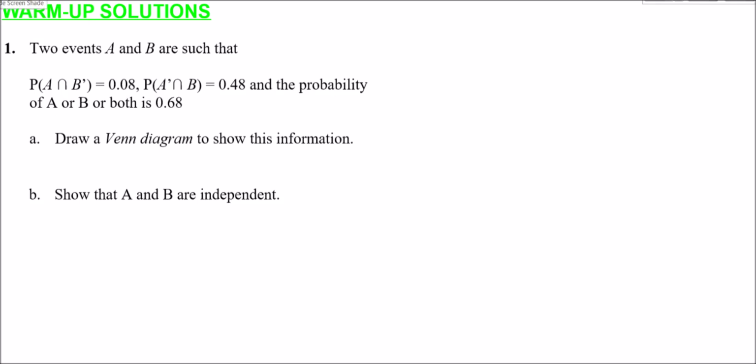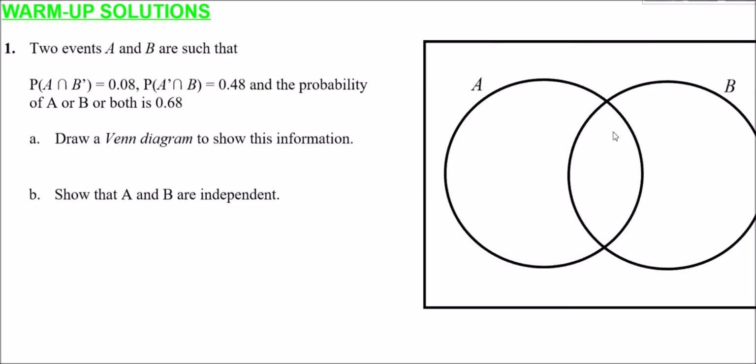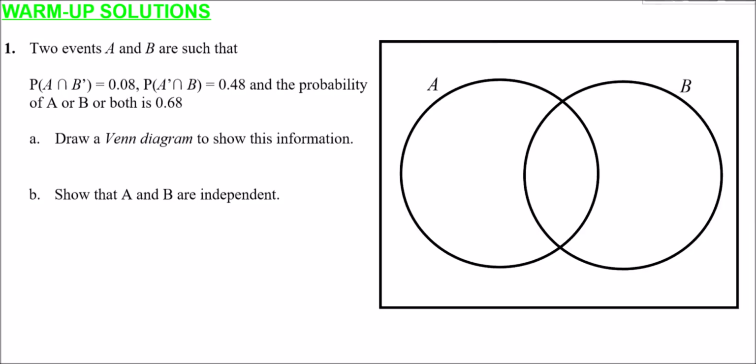So we need something like this to begin with, and from here we can populate the information as needed. So first of all, let's consider whereabouts the region A intersection B dashed would be.